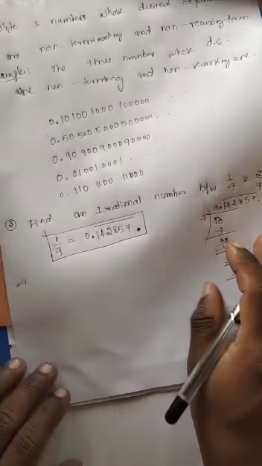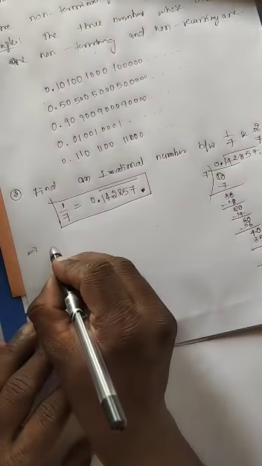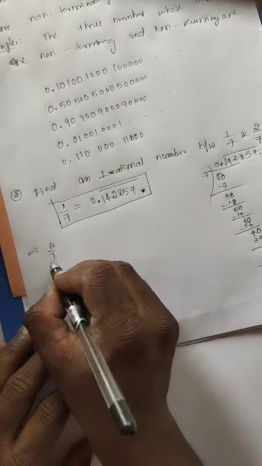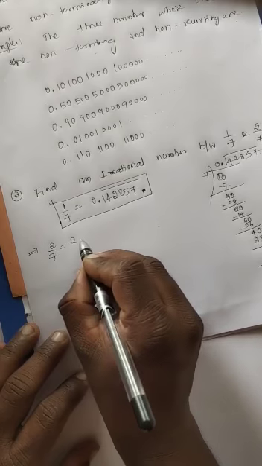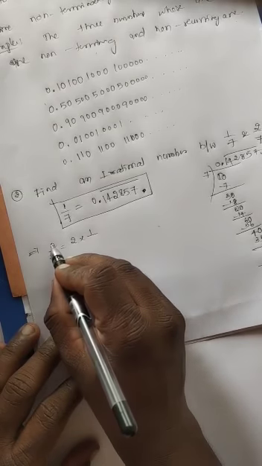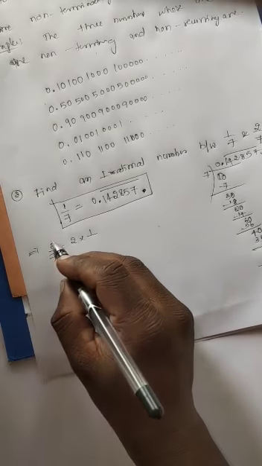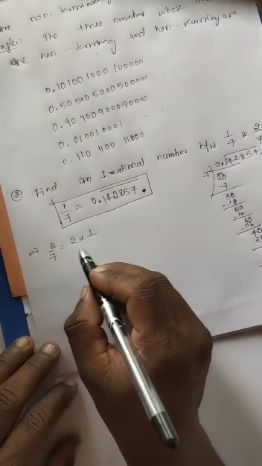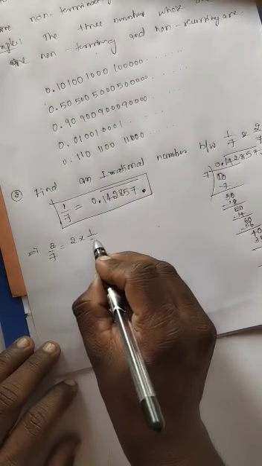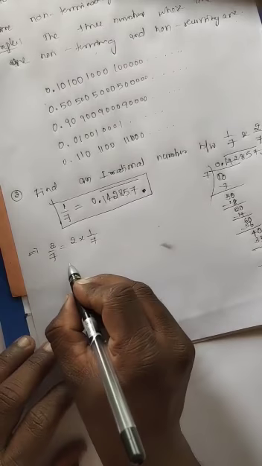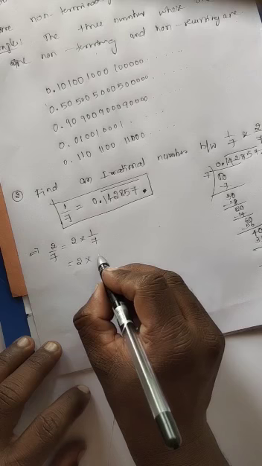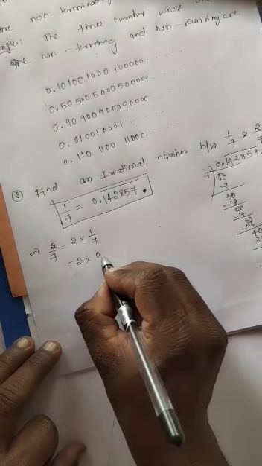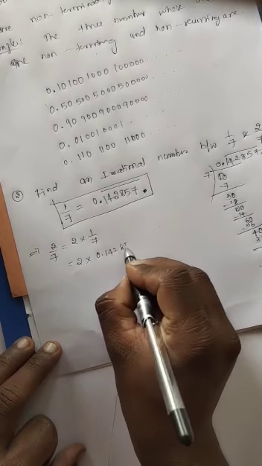Now we need to write 2 by 7. The numerator 2 can be written separately, and the remaining is 1 by 7. So it is 2 into 1 by 7, and we know the decimal expansion of 1 by 7 is 0.142857.